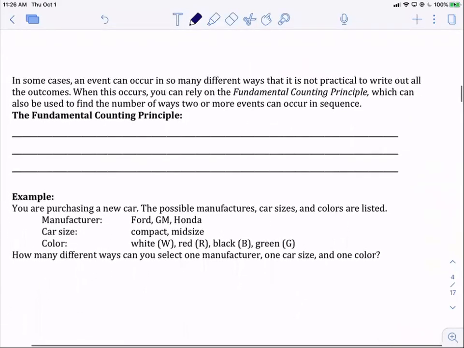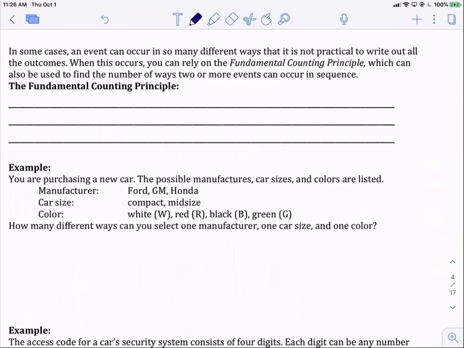All right. So in some cases, an event can occur in so many different ways, it's not practical to write out all the outcomes. So not making that tree diagram. So what we'll use instead is the fundamental counting principle.